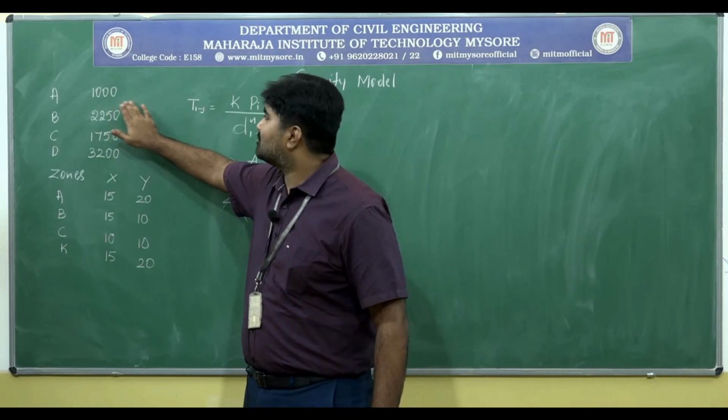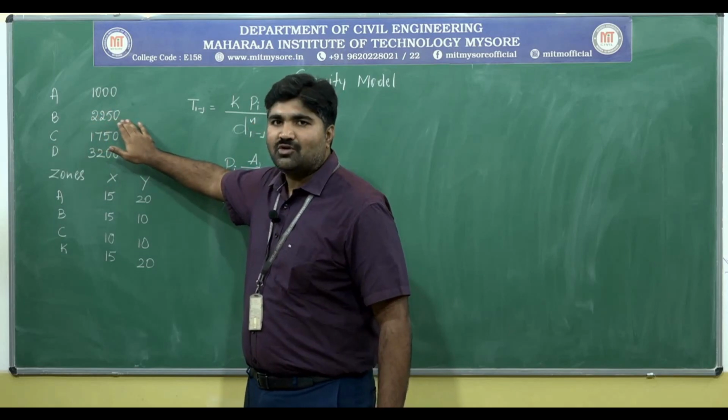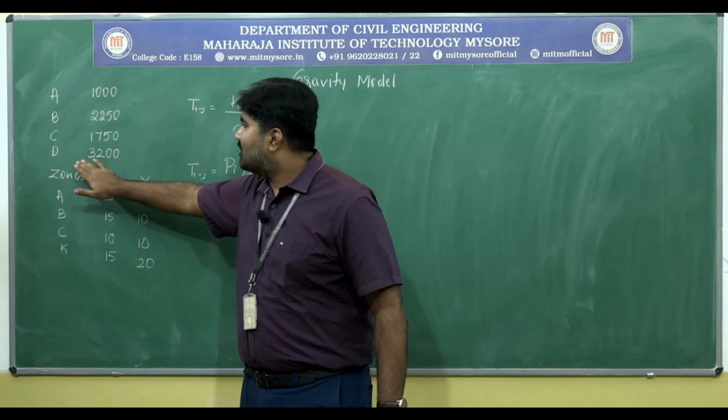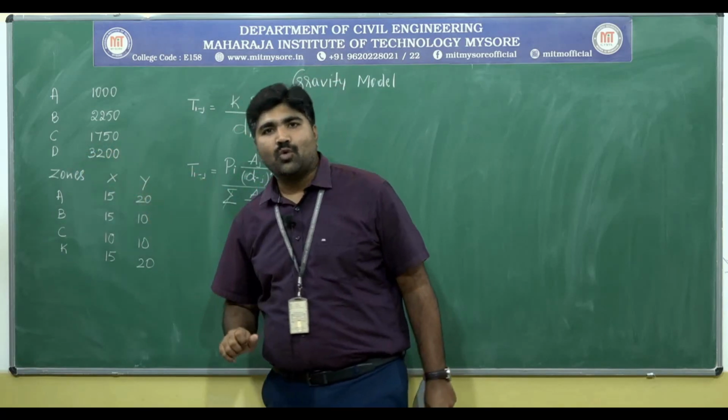From A it is 1000, from B it is 2250, from C it is 1750, from D it is 3200.